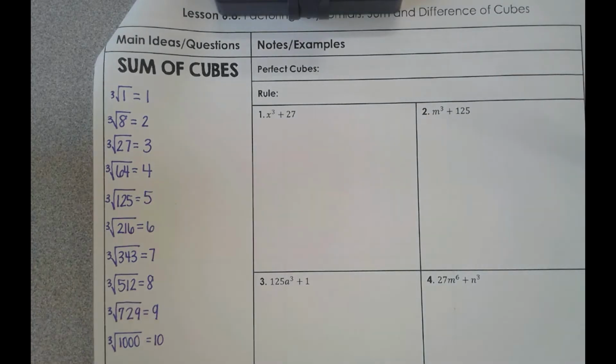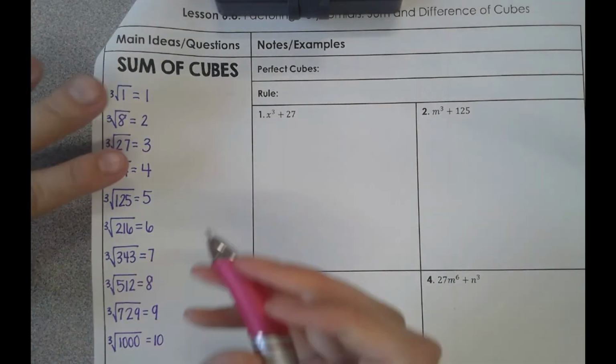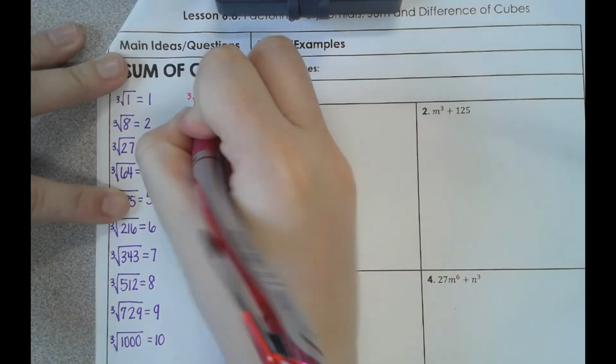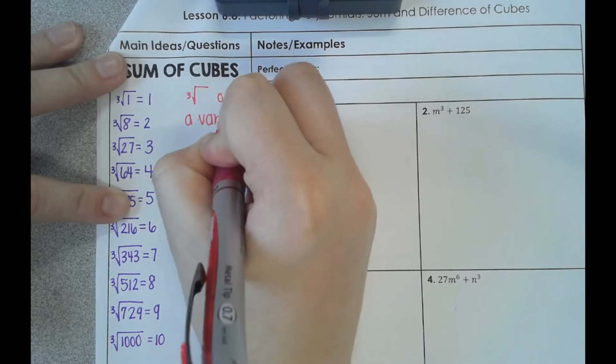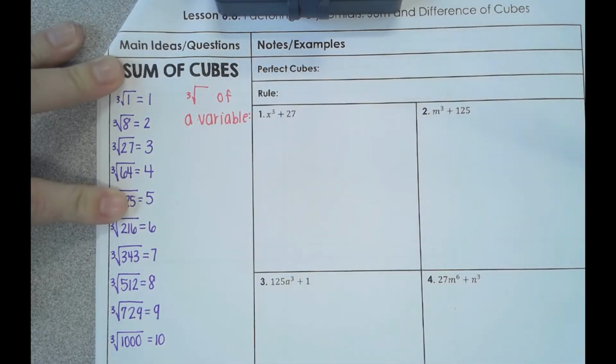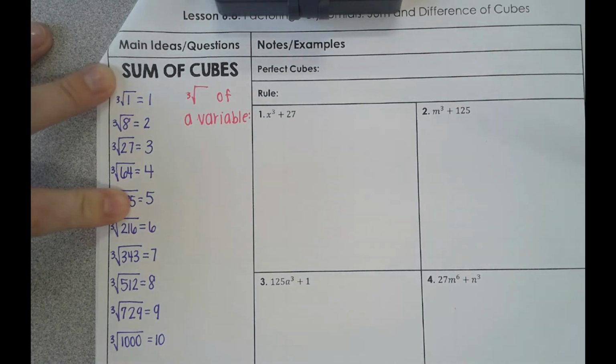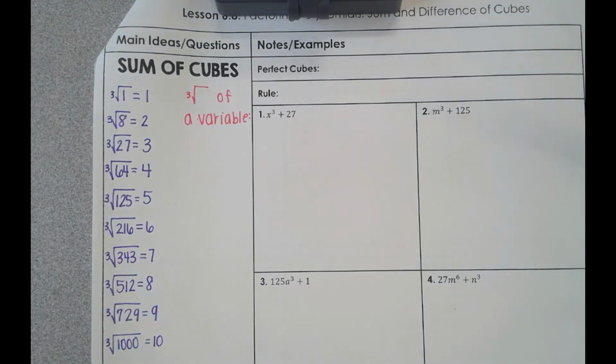If you have a variable, so cubed root of a variable, it's very similar to the square root. But instead of dividing by 2, what would you guess that we might divide by?